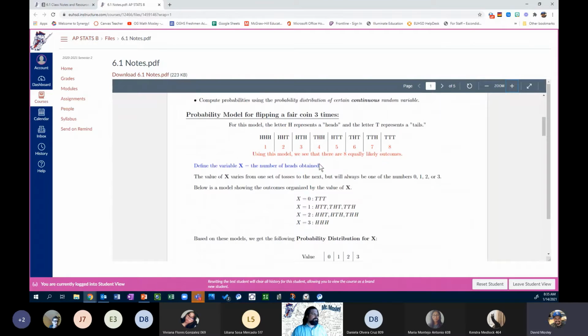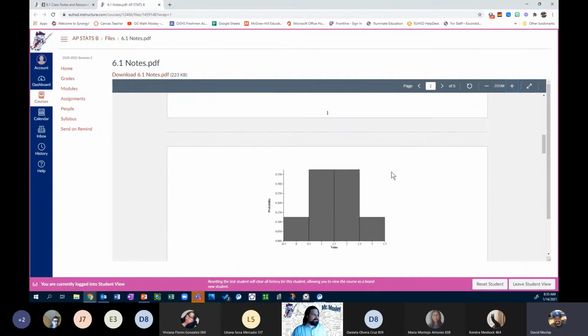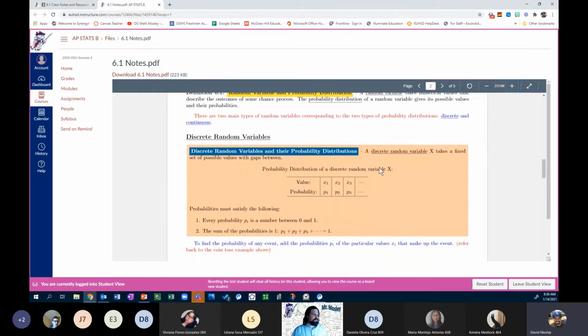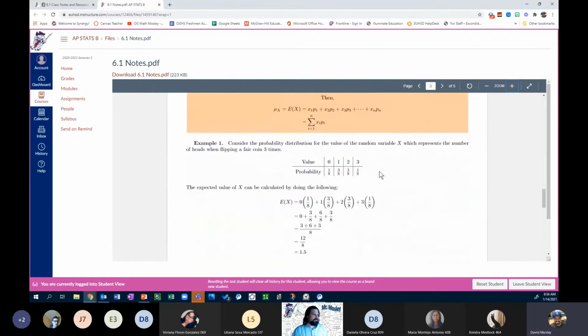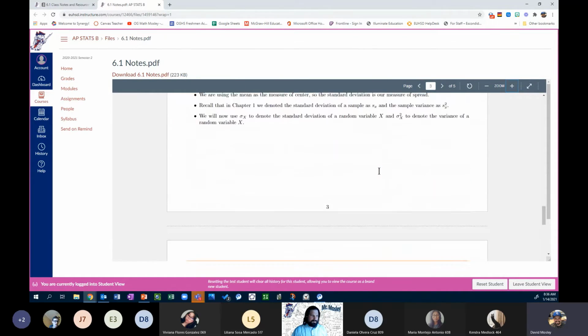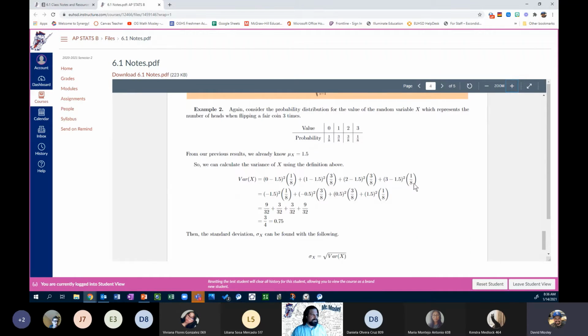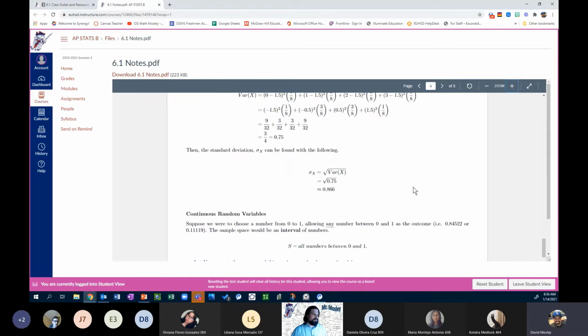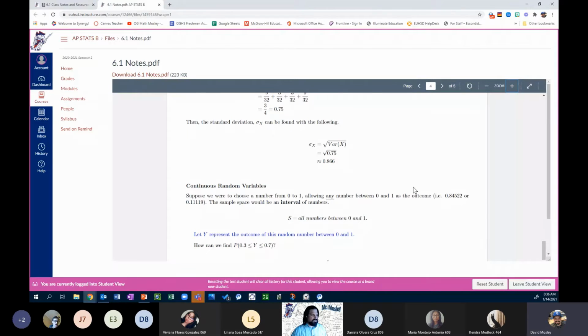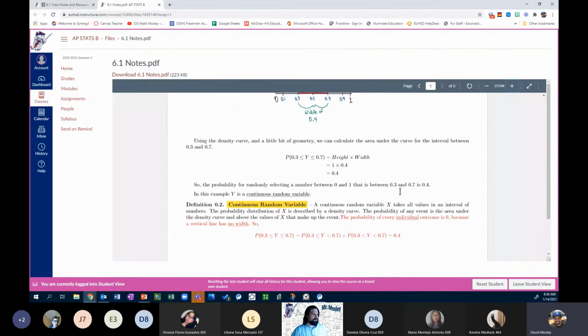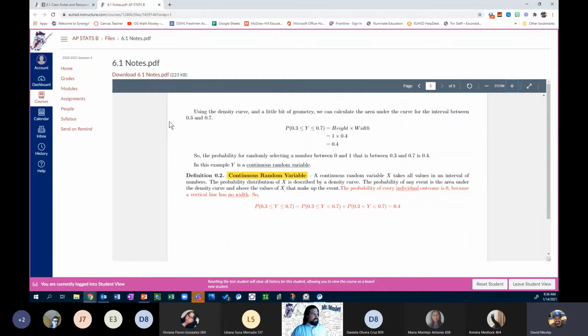It goes through some examples. We have some definitions. Many of these things you will see today in class. This is just a preset set of notes with some definitions, examples, formulas, and things like that. That is just meant to be a resource for you guys.